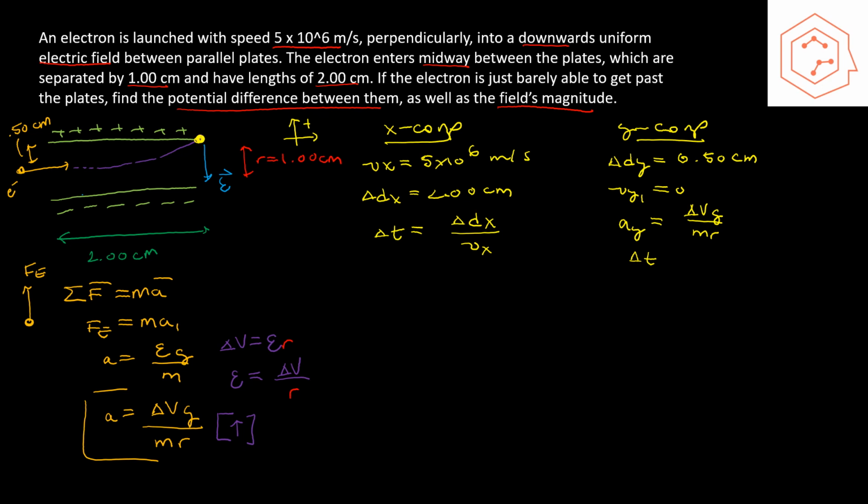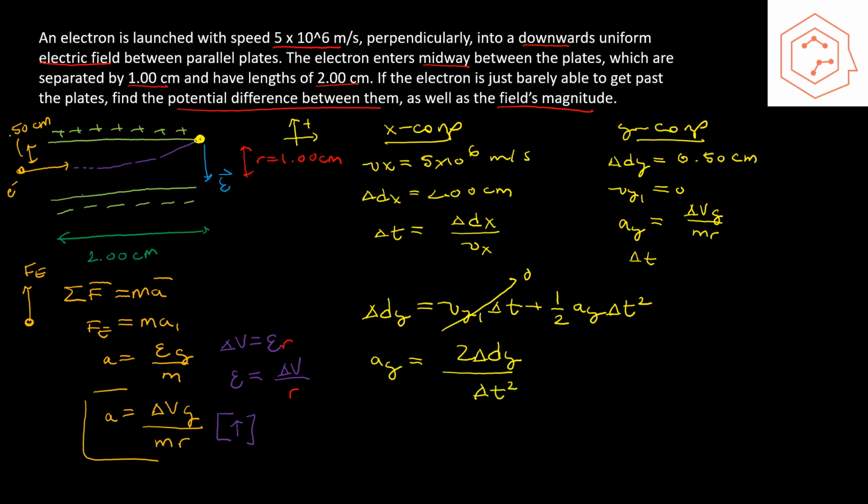For the y component, we'll have to use one of our kinematic formulas. Delta dy is equal to Vy1 delta t plus 1/2 Ay delta t squared. Since Vy1 is equal to 0, this reduces to 0. And if we isolate for Ay, Ay is equal to 2 times delta dy divided by delta t squared.